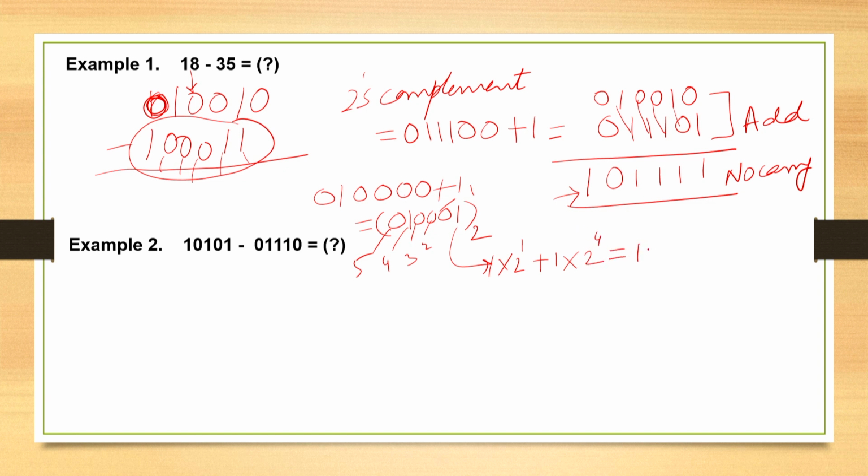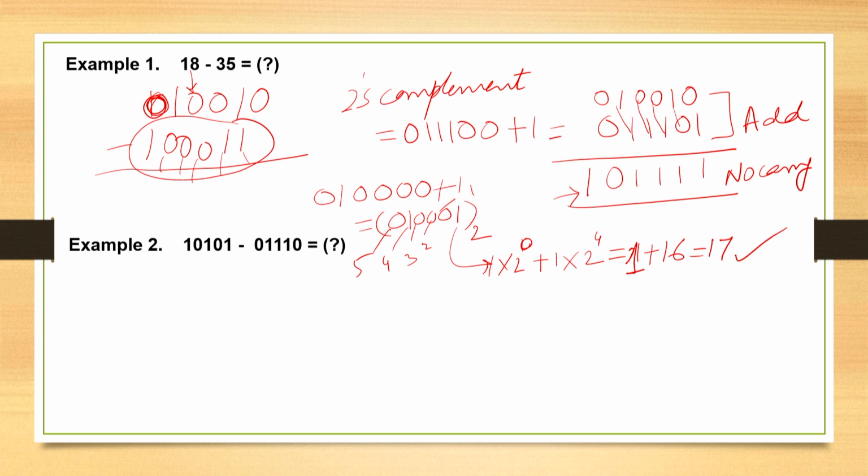Rest of them become 0. So this becomes 1 plus 16. That comes out to be 17. Yes, 18 minus 35 is what? Your 17 with the negative sign, which is the answer.